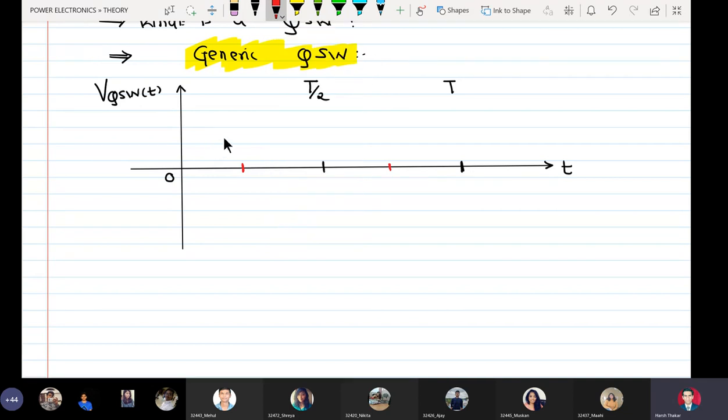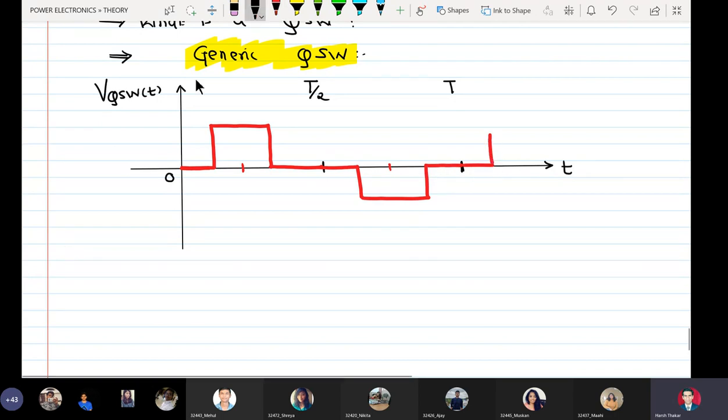This waveform starts like this, it goes up like this, comes down like this, then it remains like this, and again it goes here and it goes negative, remains negative, it goes like this and goes like this, and it continues like this.